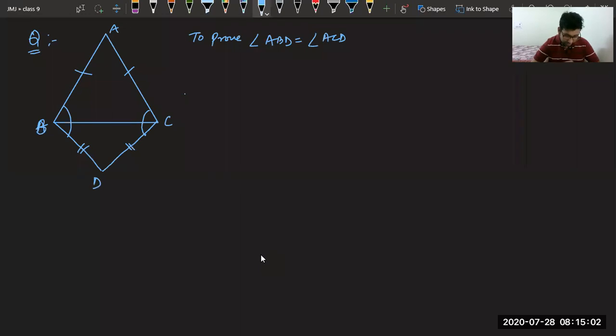Both triangles. Ayush, if you take both triangles, the issue is angles are cutting. If you take triangle ABC only, this part is coming, this part is coming, and in the lower triangle, these parts are coming. So you can see we have to prove a sum of these two.